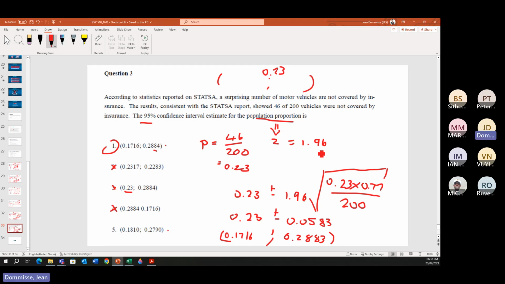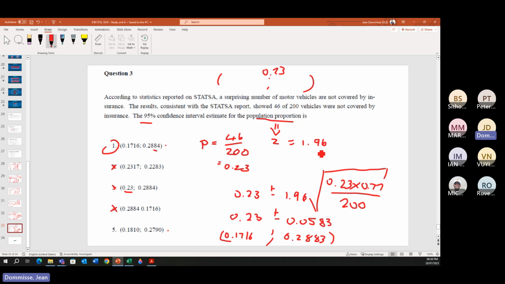Okay, so that is basically, if you look at it from a calculation point of view, what you need to know for study unit 8 for confidence intervals. That's the 3 types of questions that they can ask.